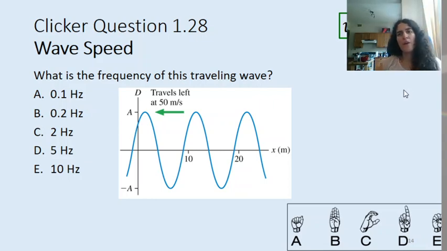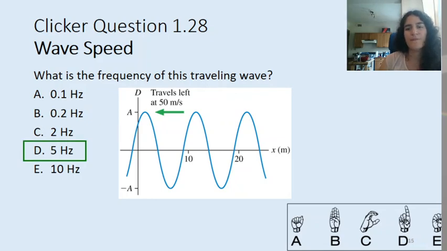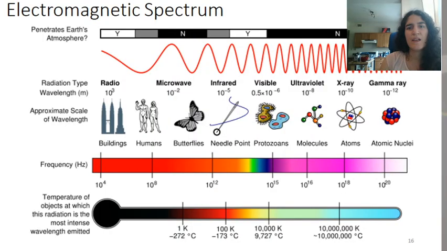Here I know the speed is 50. What would be the wavelength? Here wavelength would be 10 meters, roughly. So frequency is speed divided by wavelength, so I would expect it to be 5 hertz. Cool. Okay, so let's continue.